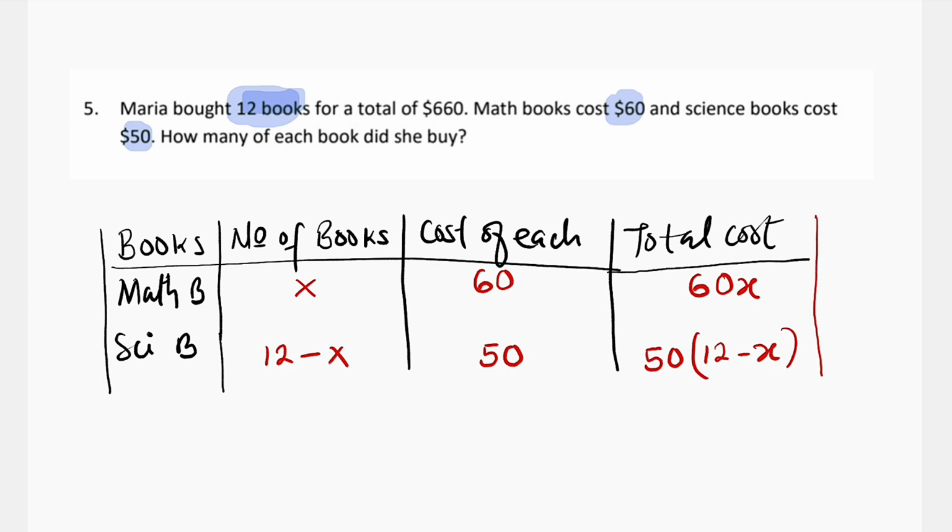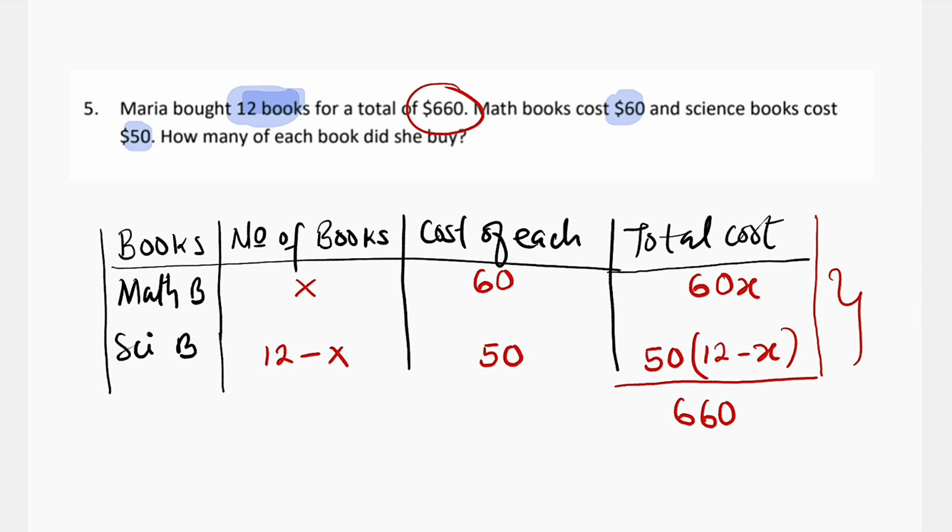From the question, the total cost is 660, so once we add 60x and 50 times 12 minus x, we obtain 660.